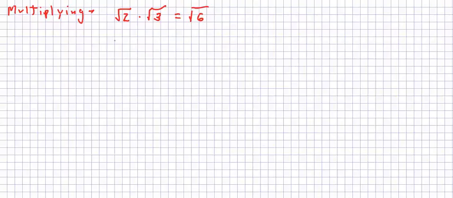When we multiply the square root of negative 2 times the square root of negative 3, this does not apply anymore. This is not equal to the square root of 6. We cannot multiply those together because it essentially cancels out the fact that they're imaginary numbers.